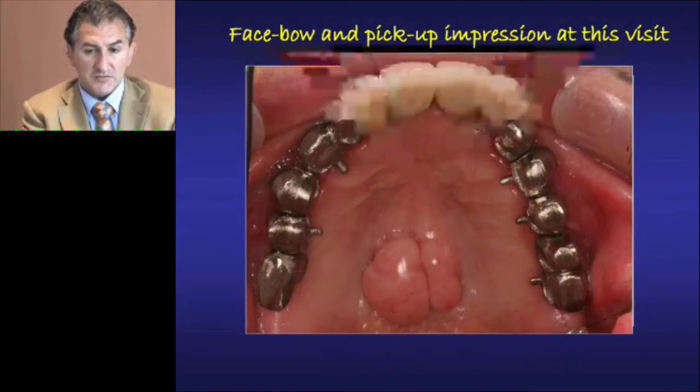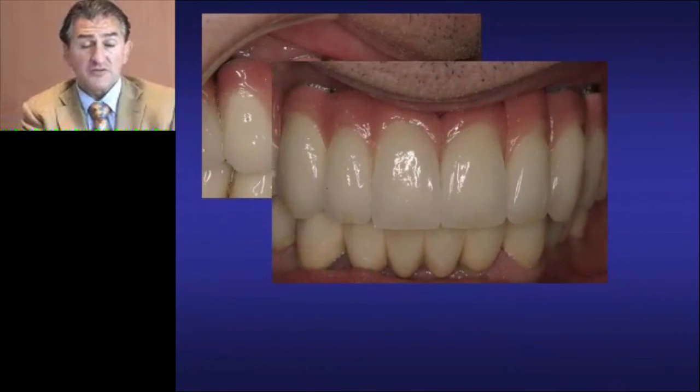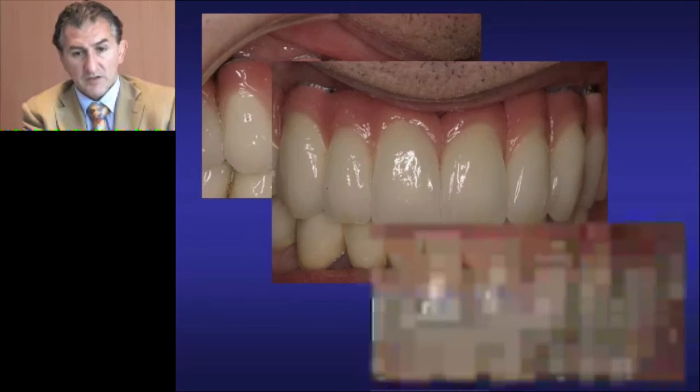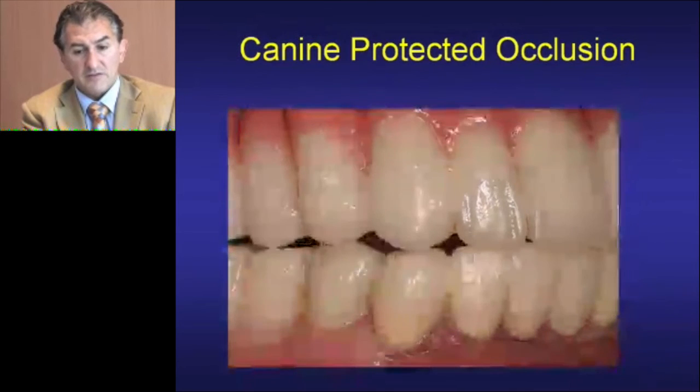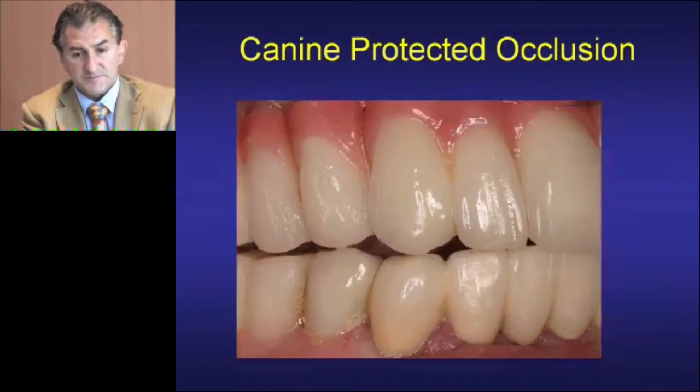We get a bisque bake try-in on the 7th visit, and on the 8th visit we can deliver the full arch restoration. With the Encode abutment, the abutment process is a lot easier, the impression process is a lot simpler, and it saves a lot of time for everyone: the clinician, the patient, and the laboratory. We recommend canine protected occlusion in full maxillary and mandibular implant patients.